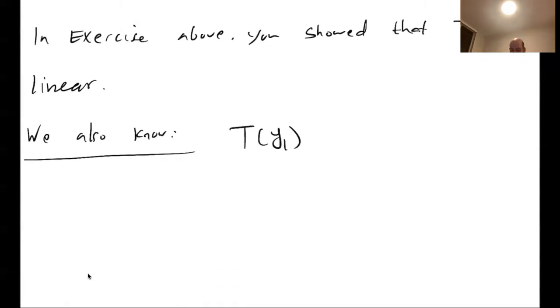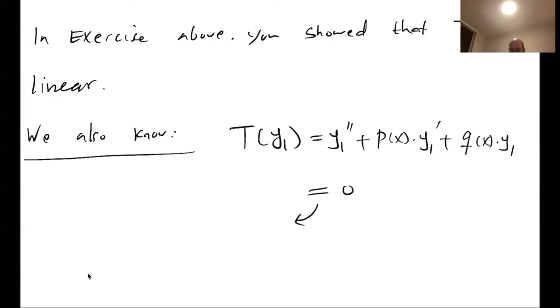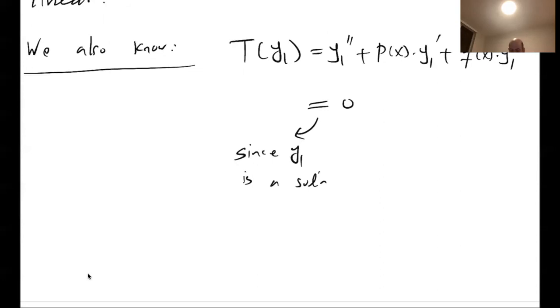So if I calculate y1 double prime plus p of x times y1 prime plus q of x times y1, this will be 0, because y1 is a solution for this ODE. So similarly, T of y2 is 0.